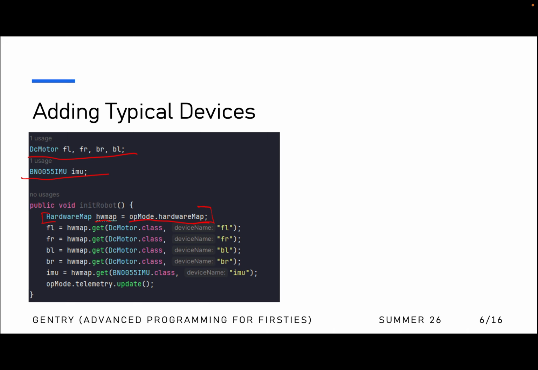Because our opMode, which we've defined way up here as a LinearOpMode, right? Then we can use the hardware map defined in our opMode to get each one of these devices, plus our IMU. And then we can call opMode.telemetry.update, which will take the telemetry from the opMode and update it.